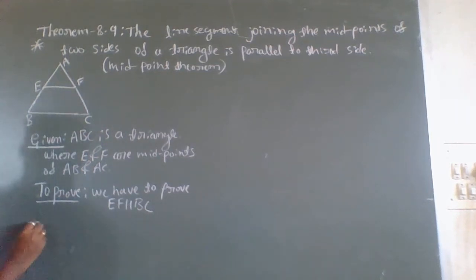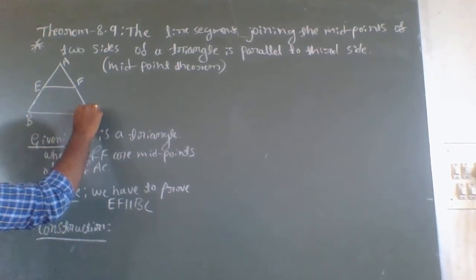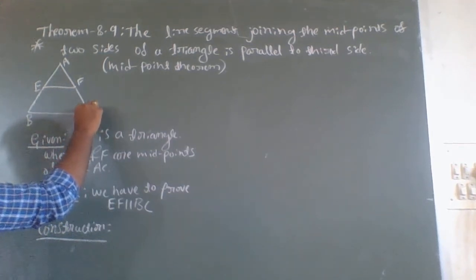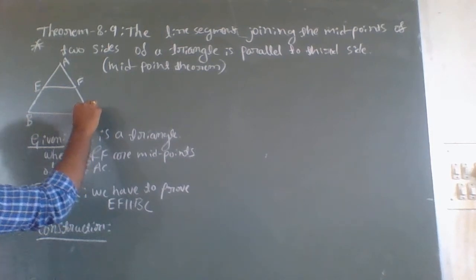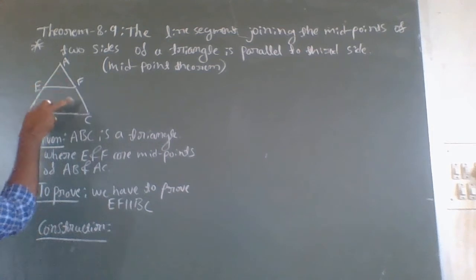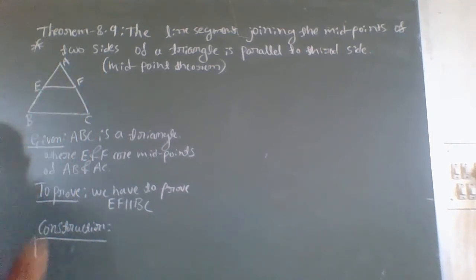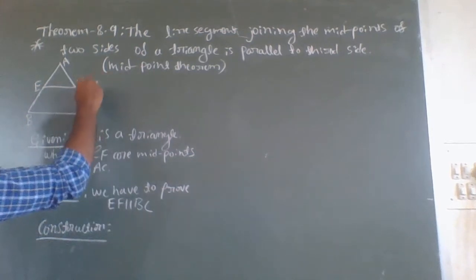Now, for this to prove EF is parallel to BC, we will do a construction. What we will do? Through this point C, draw a line segment parallel to AB, and extend EF.